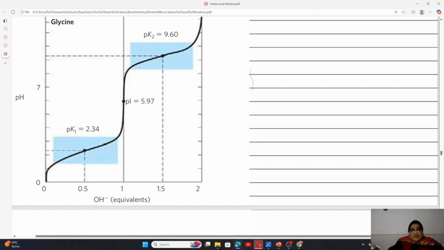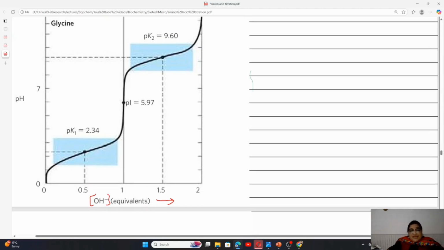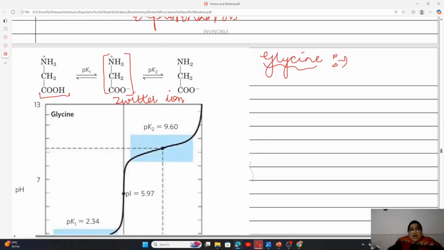Gradually the pH is being increased, and we see that as the OH equivalents are increased, the pH increases, and the amino acid loses its proton.